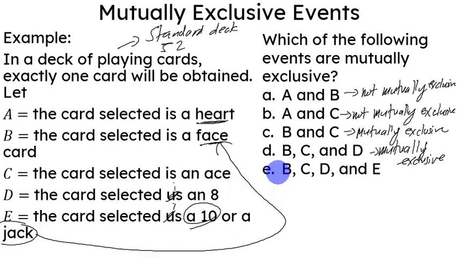So B and E have common elements. B and E are not mutually exclusive. We're asking for all of them, so we cannot say that if two are not mutually exclusive, then the rest are still mutually exclusive. So here, this is not mutually exclusive because again, B and E are not mutually exclusive.